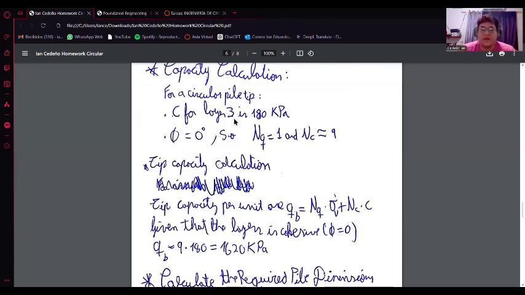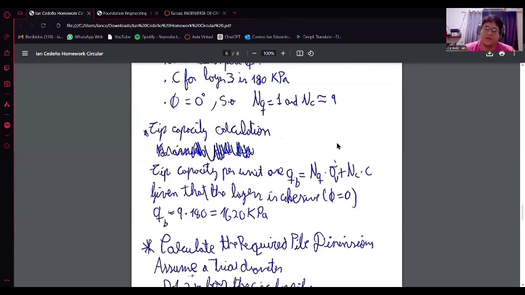C is, for layer number 3, 180 kilopascal, and the angle is 0. So NQ is equal to 1, and NC is similar to 9.